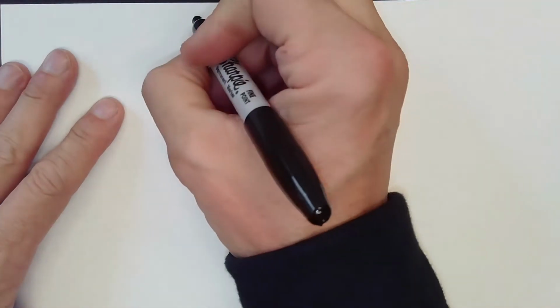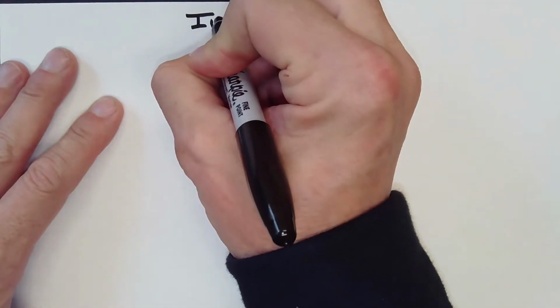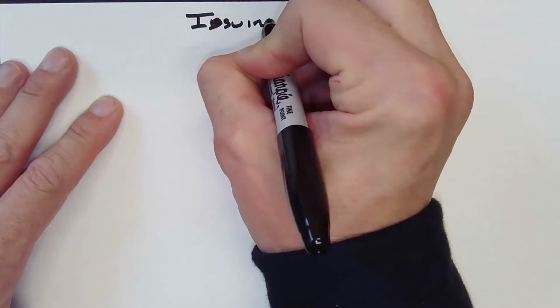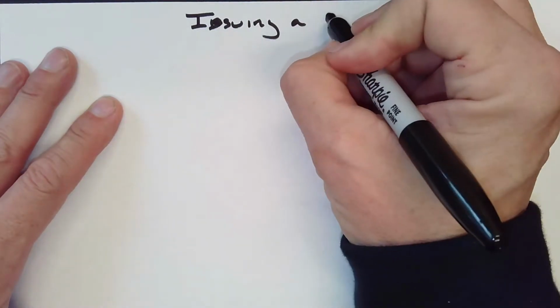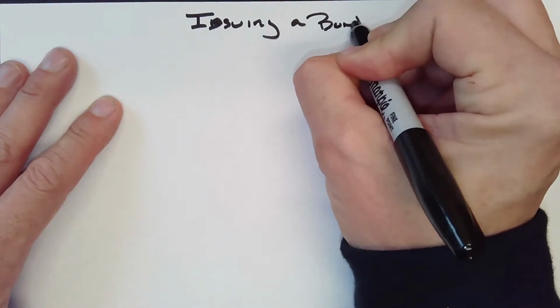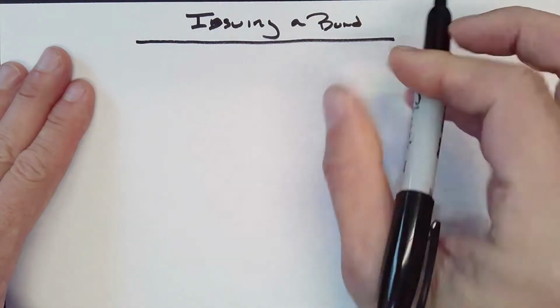Right, so when we're issuing a bond or issuing some kind of public debt, what we're doing as the issuer is borrowing money.